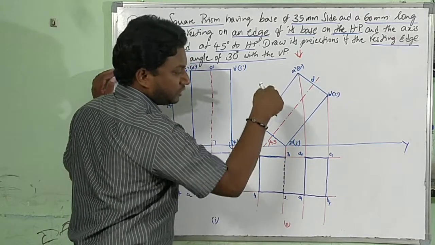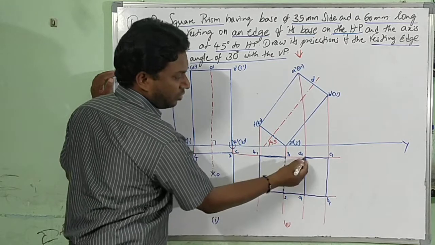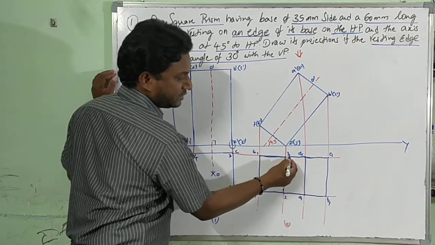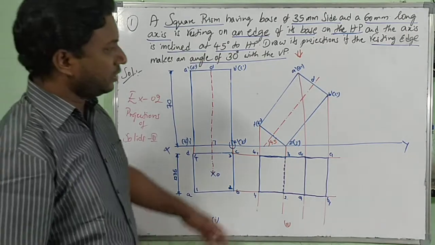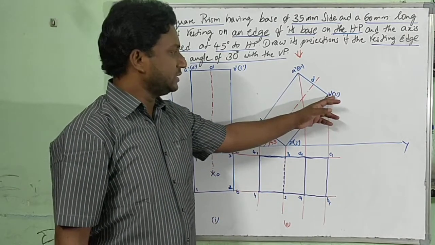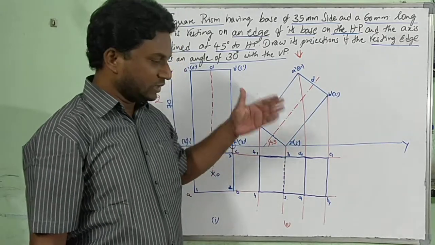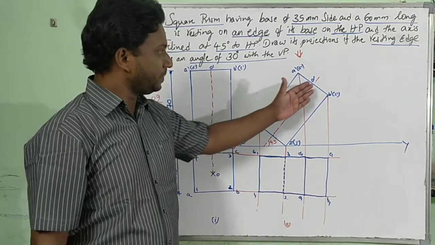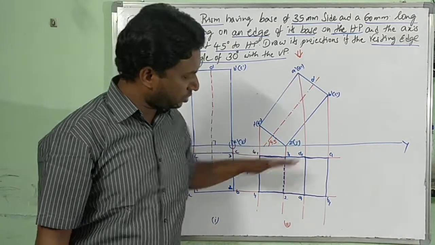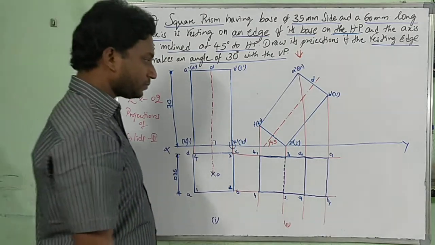But when you observe from top, D dash 4 dash, D1 4 1, it's thick. So what I mean to tell you here is, whatever the vertical edges C dash 3 dash, B dash 2 dash, they are exactly below A dash 1 dash, D dash 4 dash. So they are only thick lines. They are not any hidden lines.